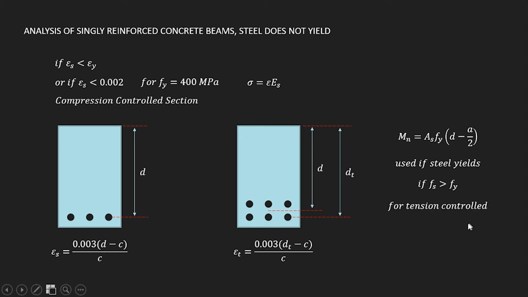So, for in case na tension controlled, yung Fs natin should be 1,000 megapascal, or that is 0.005 na net tensile strain. So, kung mag-multiply lang tayo ng 200,000 megapascal, that is 1,000 megapascal. So, kung gumagamit kayo guys ng Fs na greater than 1,000 megapascal, automatic that is tension-controlled section.